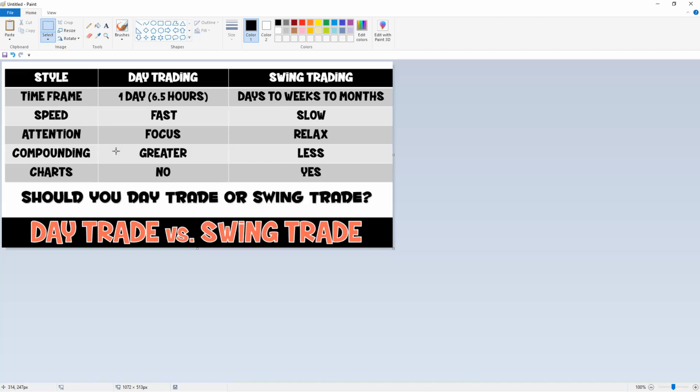Compounding your money and your profits is much greater in day trading and much less in swing trading. And charts, we don't use any charts in day trading. It's all price and volume. And in swing trading, yes, we use charts. So you have to decide which one you want to do, day trade or swing trade.